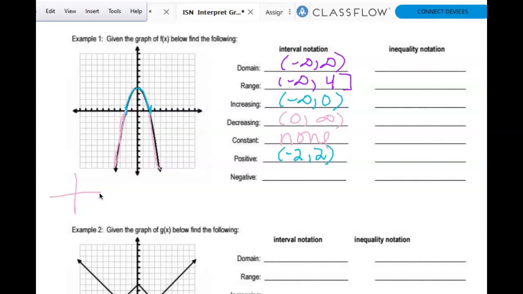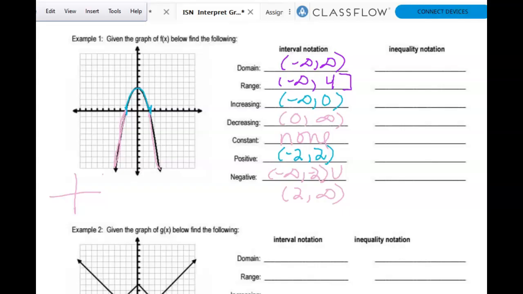So what's the negatives? It's going to be negative infinity to what? Infinity. Where does it touch the x-axis, honey? Wait, is that a comma or a U?